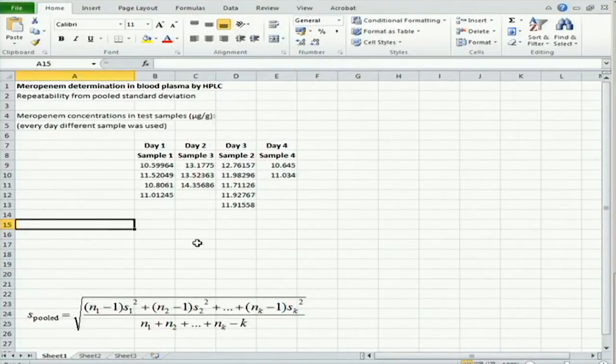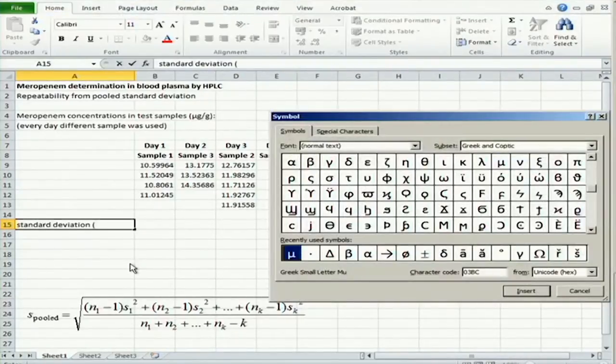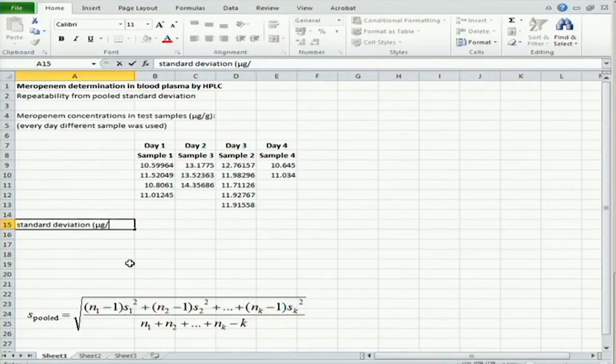We will first start by calculating the standard deviations for all the samples and also by writing the numbers of n-1 for all the samples. So standard deviation expressed in micrograms per gram.